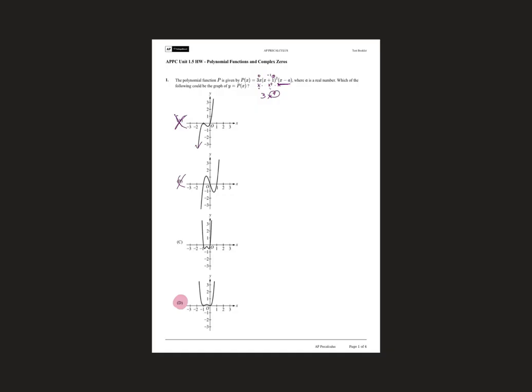This first question, I want you to think about how end behavior helps you with this, okay? It says the polynomial function is given by p of x equals 3x times x plus 1 times x minus a. Having known that, look at your exponent.